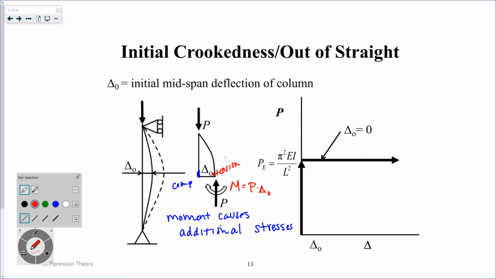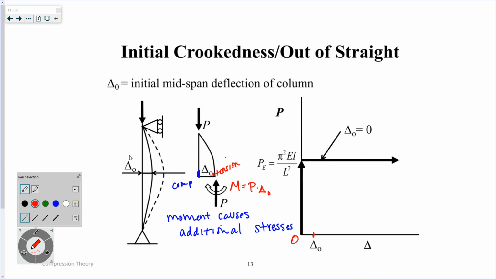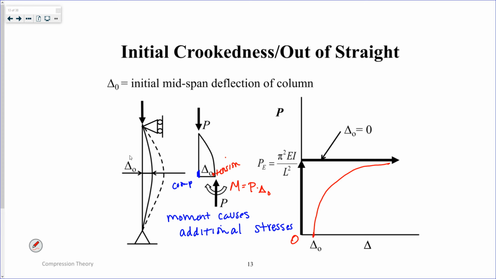So if we already are not starting from zero, we're going to maybe buckle the compression side of your cross section before you buckle the entire cross section. So instead of starting from zero, we're starting from delta naught, and our load versus our deflection is going to look something like that.